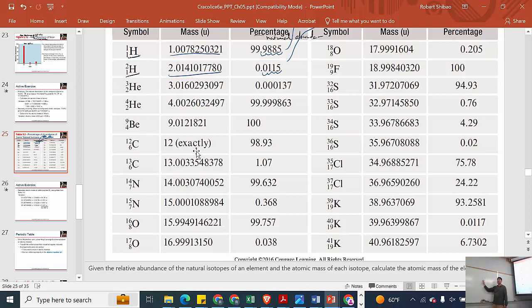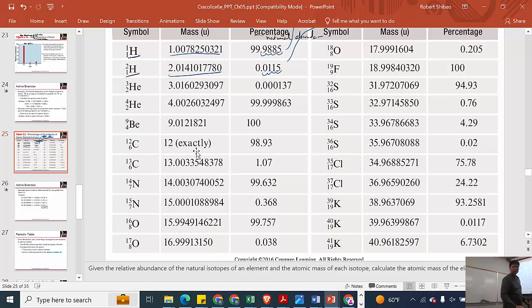There's more 35. So if this is 50%, then this is halfway between, so this must be 75% chlorine 35. And so that's what we see here. The average is 35.5, therefore it's about 75% chlorine 35, 25% chlorine 37. So we could eyeball it or we could calculate it either way.